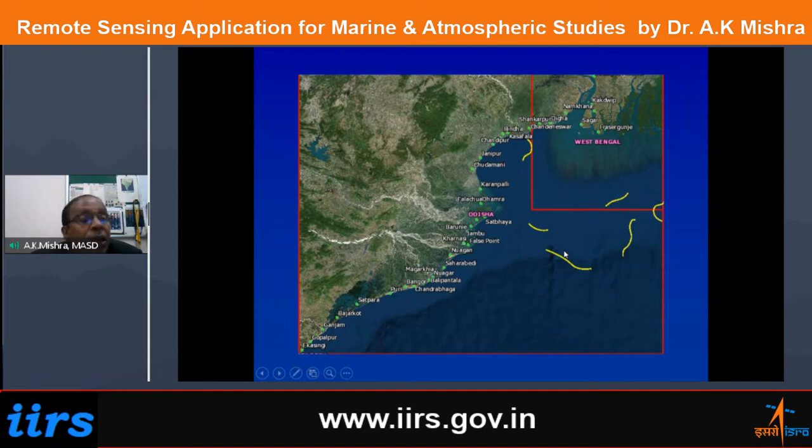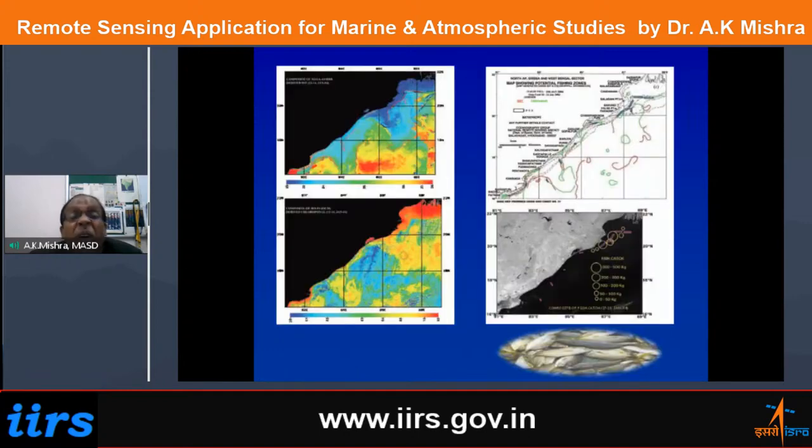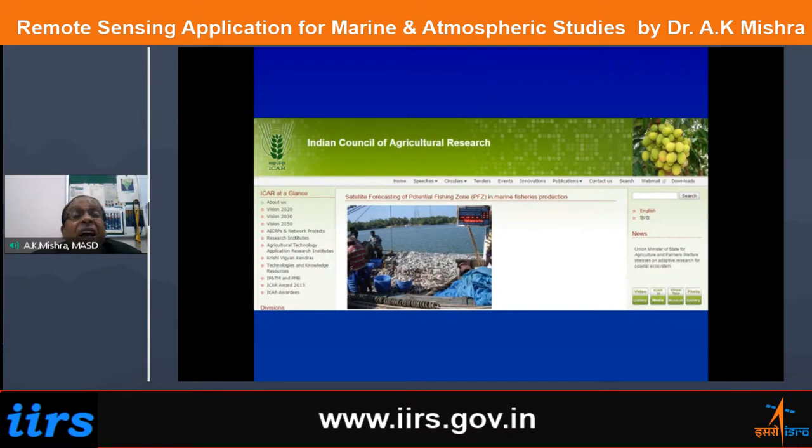And apart from the SST data, the ocean color data is being used, and wherever the ocean color front is matching with the thermal front, the fish catch is found to be more in those areas. These types of R&D studies are being carried out by the investigating agencies, and the Indian Council of Agricultural Research is a part of it.